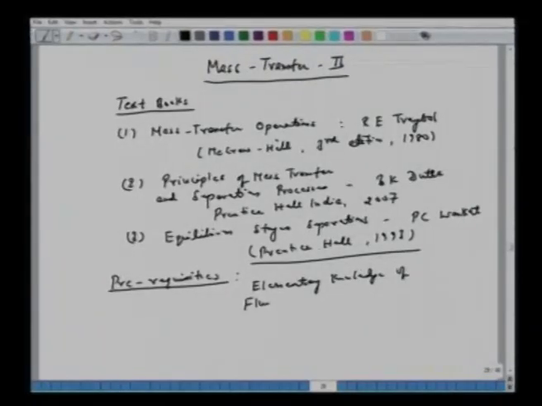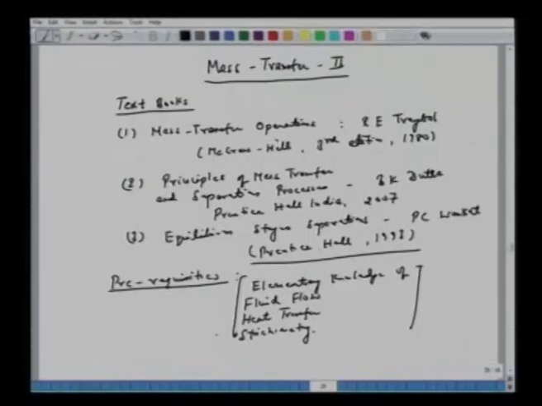I'm sure in most universities there is at least one course at the second year level on fluid flow. Heat transfer is also maybe second year level, or at least third year level. In chemical engineering, the first course on stoichiometry, or chemical engineering calculations, is in most universities at the second year level.